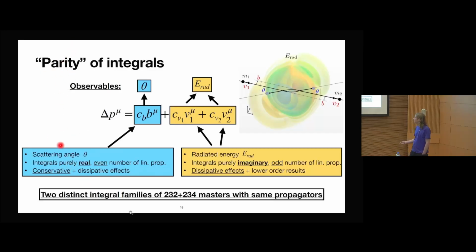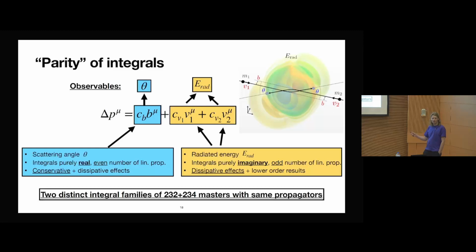And here we have mainly conservative effects, but also some dissipative effects appearing. On the other hand, we have these terms coupling to the velocity. And these are giving us, in the end, the radiated energy. And here it's the opposite: we only have an odd number of linear propagators and an odd parity. And interestingly, here only dissipative effects play a role.